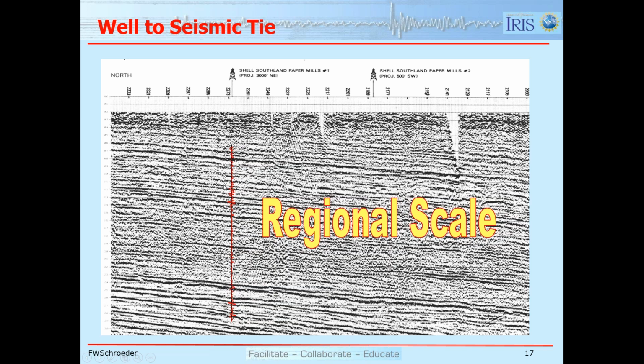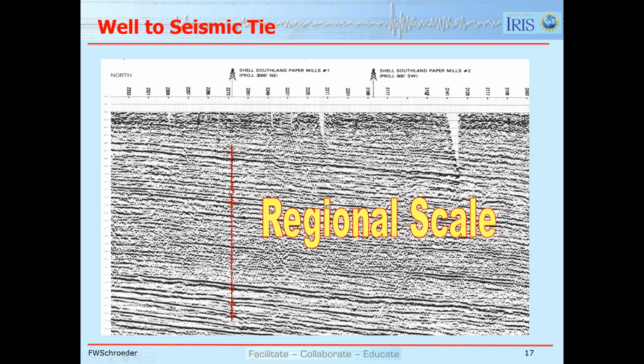But if I'm also looking at much shallower, the frequency content of the seismic up here would be higher because we haven't had as much attenuation. So I'd still use a minimum phase pulse, but instead of, say, 18 hertz down here, I might be using 23 or 25 hertz up here.